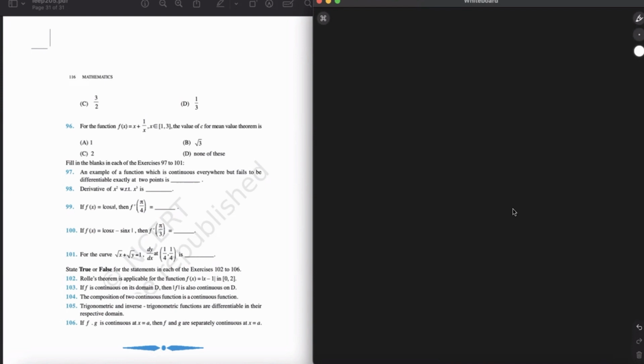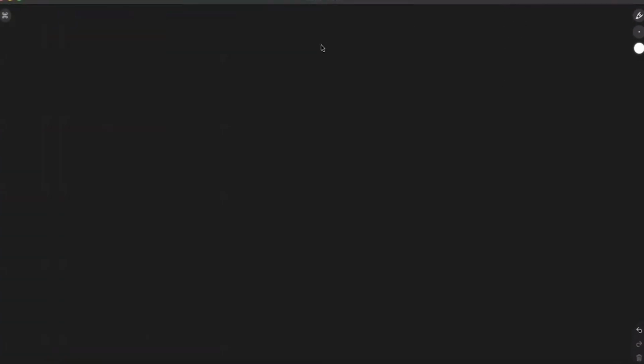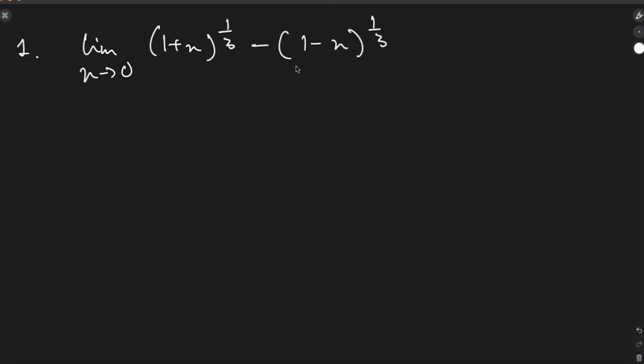The first question will be, you have to tell me the value for limit x tends to 0, (1 plus x) raised to the power of 1 by 3 minus (1 minus x) raised to the power of 1 by 3, whole divided by x. Alright, so this is your question.